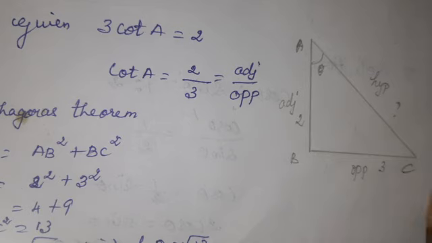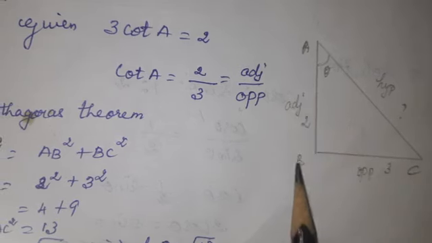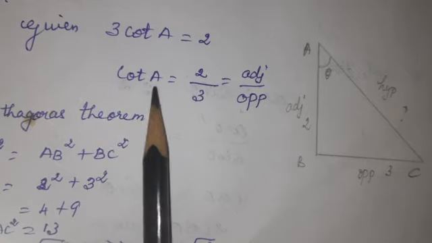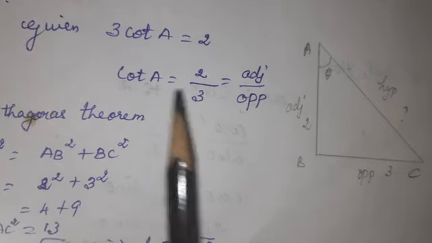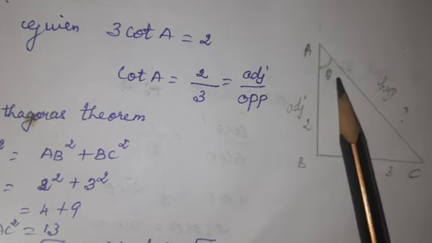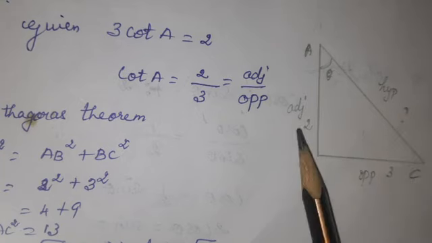For that, I drew a right angled triangle and gave the name ABC. Cot A is given. Here A is given, that means at A place the angle is forming. Here I mark theta. After that you should find which one is hypotenuse, opposite, adjacent.